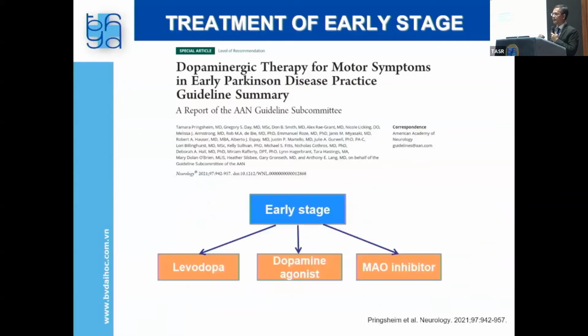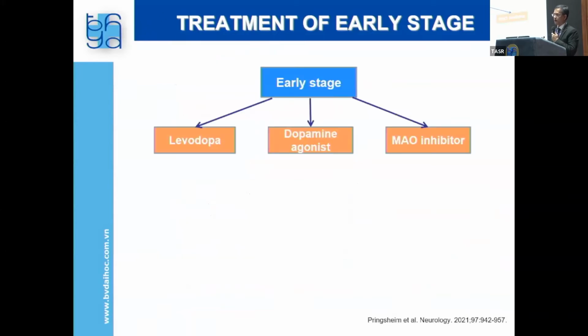When we need to use medication at the early stage, we can choose levodopa, dopamine agonist, or MAO inhibitor. Levodopa has the greatest benefit, but also more dyskinesia.